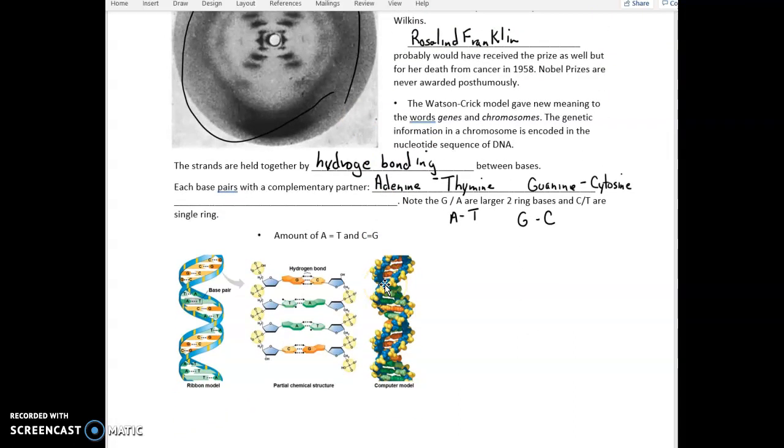Okay, so here are 3 different models of DNA. The first is the ribbon model, and you can see the sugar phosphate backbone, and the bases are coming out here. Here's a T, and it's with an A, and here's an A, and it's with a T. Then we have the partial chemical structure. Here, the sugars are drawn out. That's a sugar, if you'll recall from earlier, and that's phosphate.